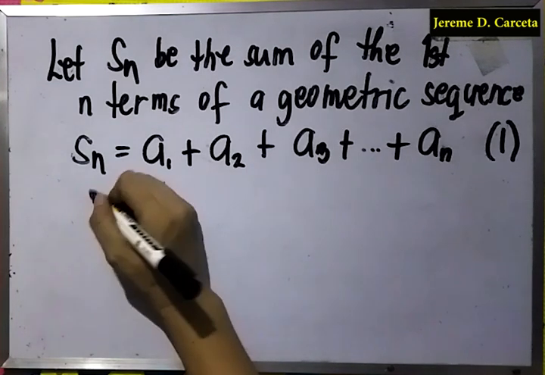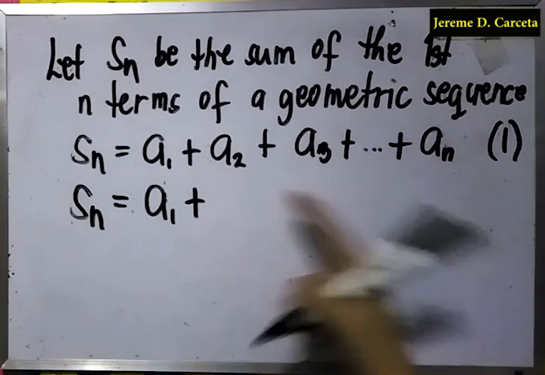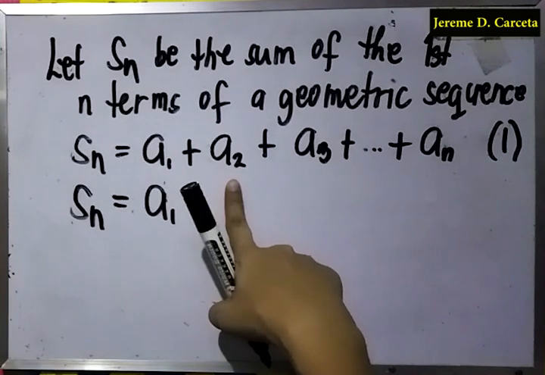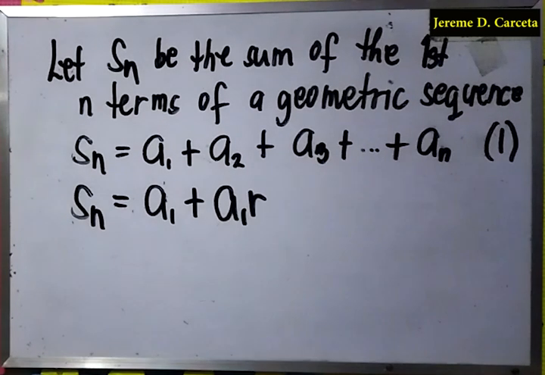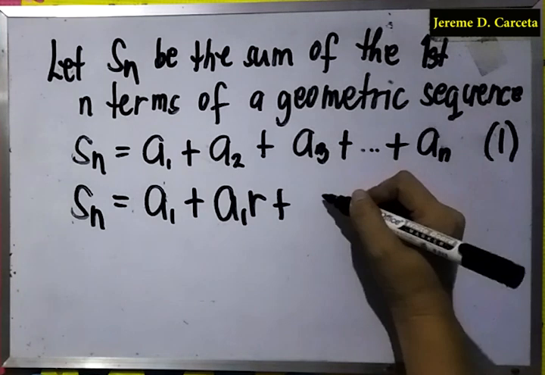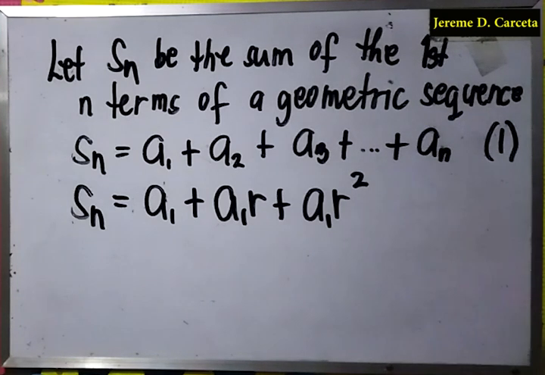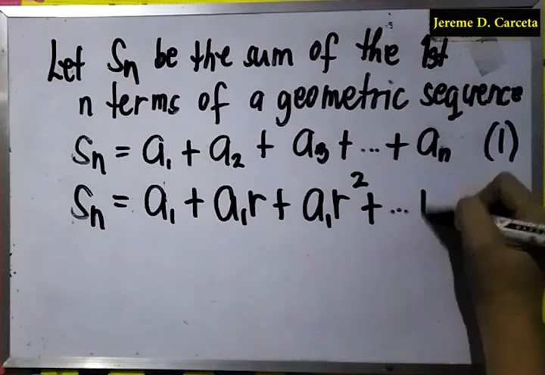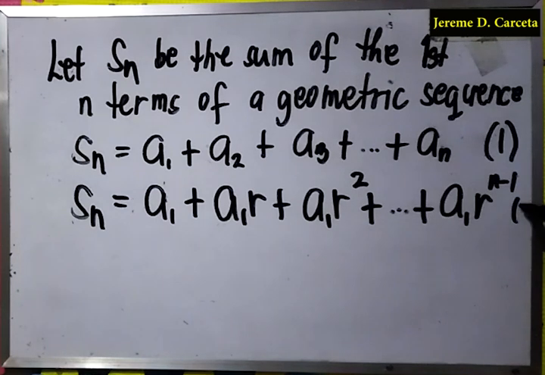Or we can have S sub n is equal to a sub 1 plus, we all know that a sub 2 is obtained from a sub 1 times r. Then our a sub 3 is obtained by a sub 1 times r squared. Same thing with the other terms until we have a sub 1 times r raised to n minus 1. So this will be the second formula.